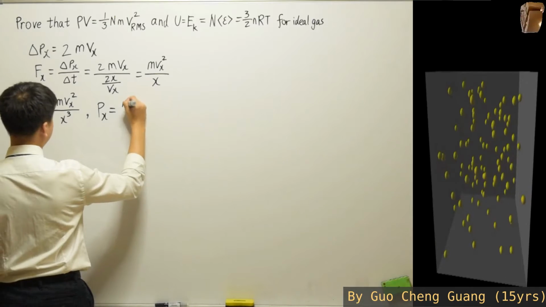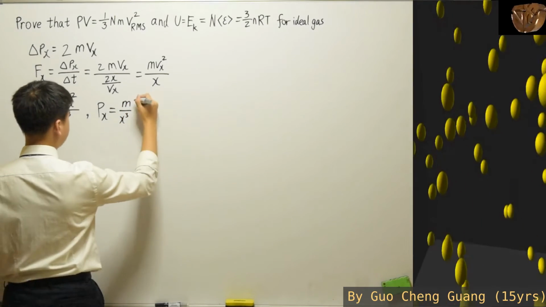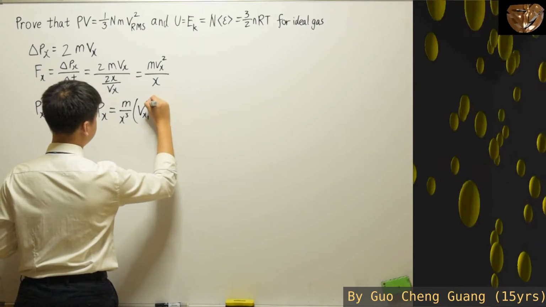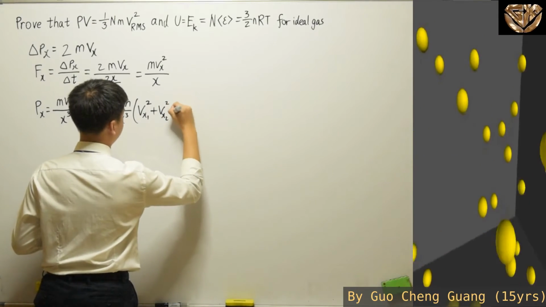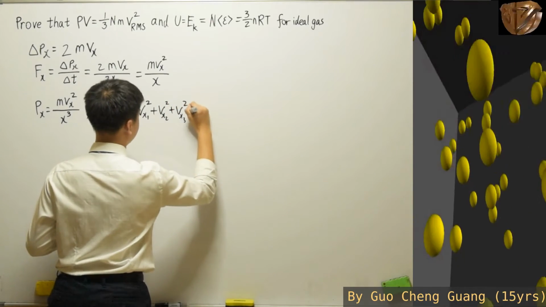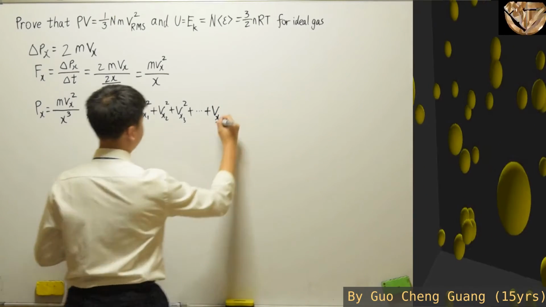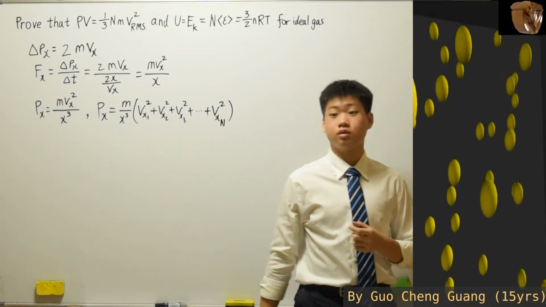So m, we will just take them all to be the same, and this will still be the same, but let's say we have Vx1 squared plus Vx2 squared plus Vx3 squared, and until Vxn, let's say we have capital N number of particles, alright?